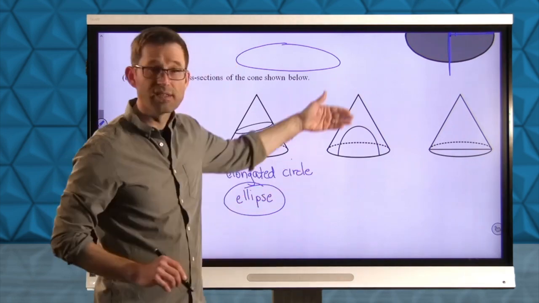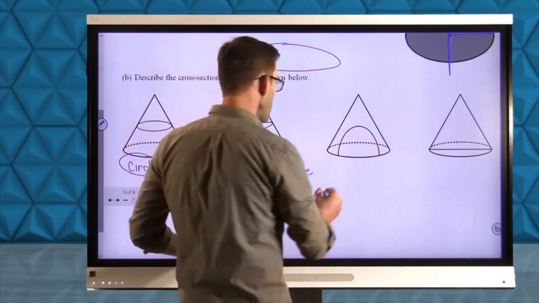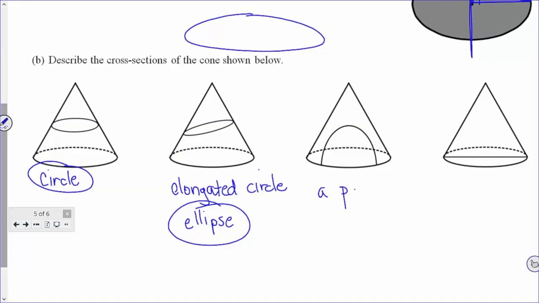It's actually, if we slice it perfectly vertically, it's called a hyperbola, but we're going to just say we get a parabola-like cross-section.